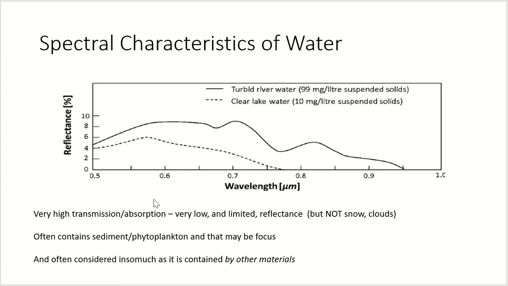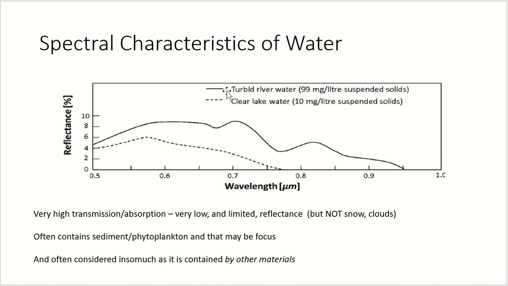So here you'll also note that the horizontal axis, wavelength of light, runs only within the visible into a little bit of the near infrared. And if you look at the profiles here, turbid river water with more suspended solids in a solid line, clear lake water, a lower amount of suspended solids as a dashed line. The clear lake water really doesn't even leave the visible.